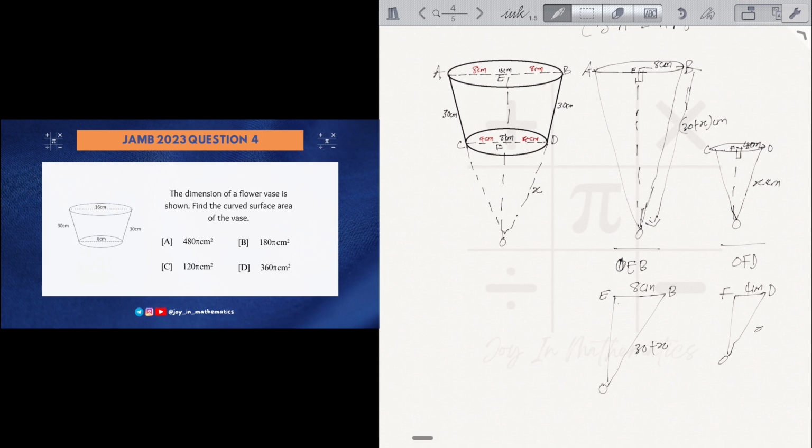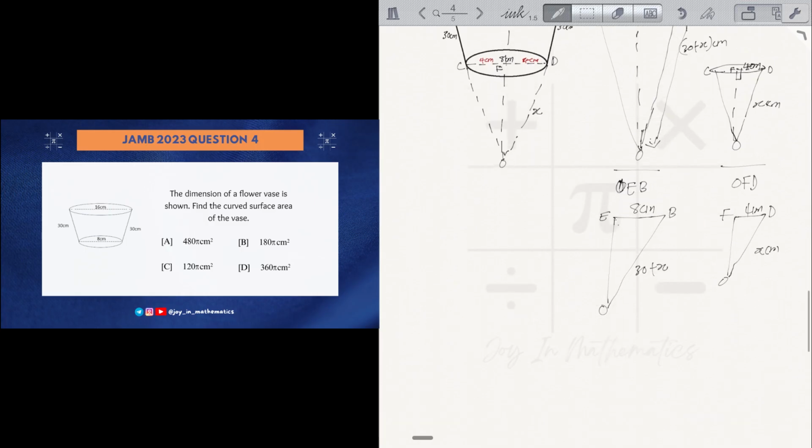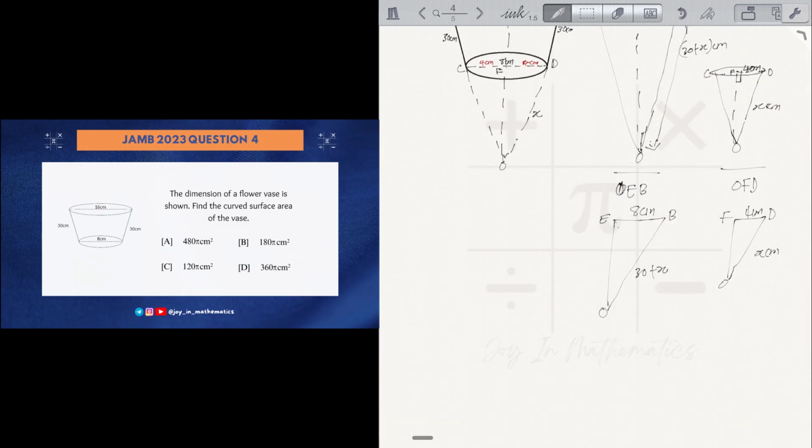And DO is X centimeters. So we can use the principle of similar triangle, such that we can say EB divided by FD is equals to BO divided by DO. EB similar to FD. Remember that both are right angle triangles. BO similar to DO.